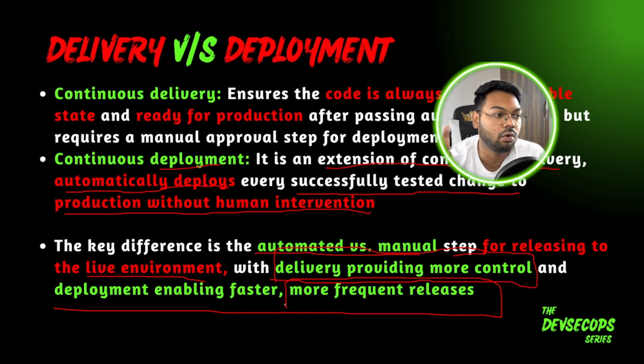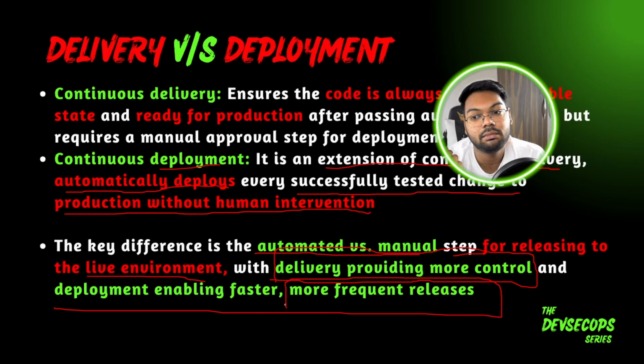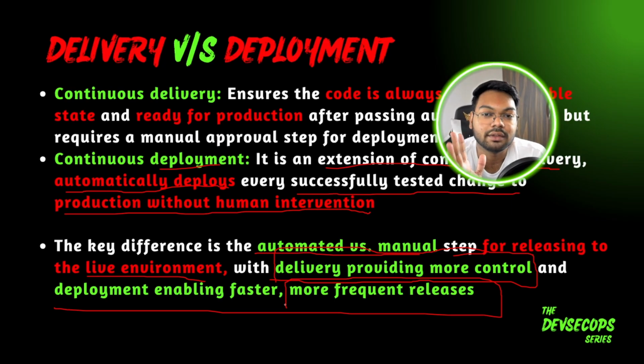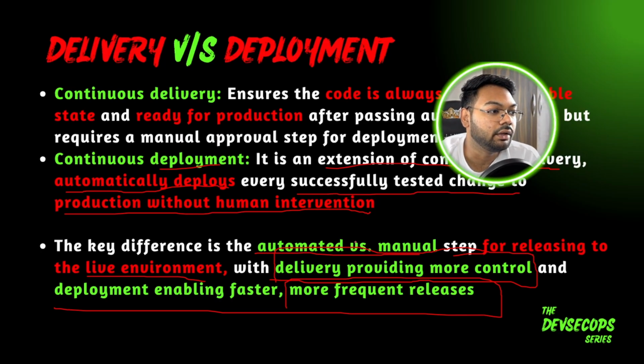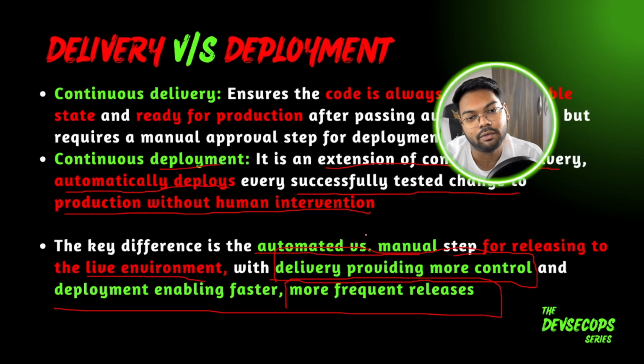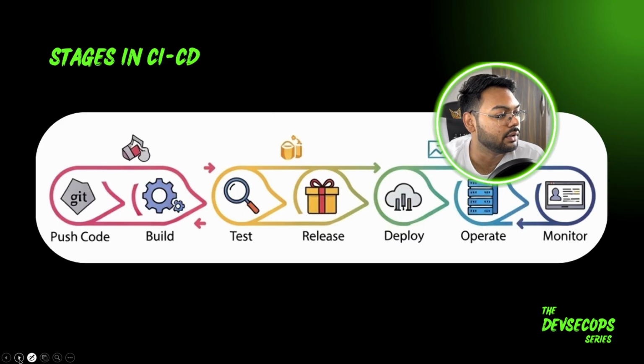So you can bifurcate both of these. Many organizations opt for continuous deployment because only successful builds would be deployed, not the failed ones. So there is less time to market. You could deploy frequently.